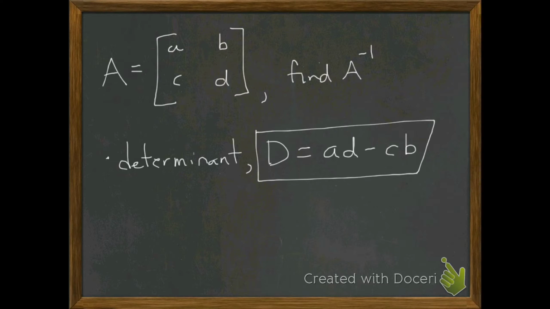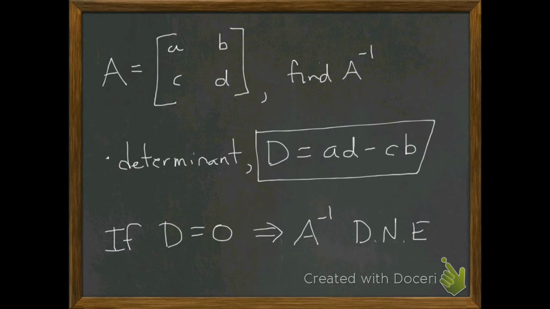Now, an important fact: if our determinant is equal to 0, then the inverse does not exist. So for our calculations, we have to assume that we do not have a determinant equal to 0 when we're calculating the A inverse.